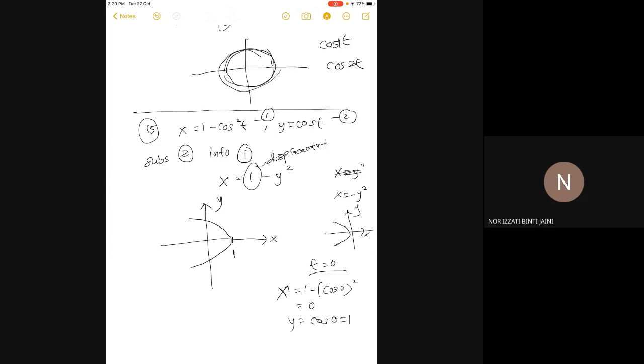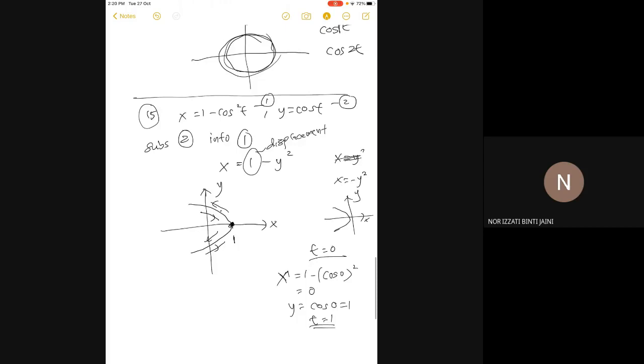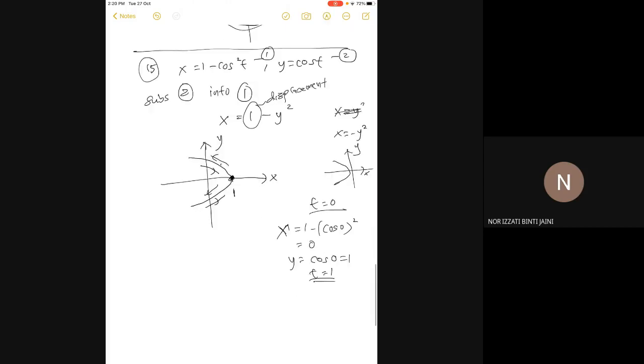So it will start at (0,1). Then it will go up, go down, go up again. Then next you find t equals 1 and so on. Oh sorry, don't use 1 because it's cos. Use pi or pi over 2. Sorry, t equals pi over 2.